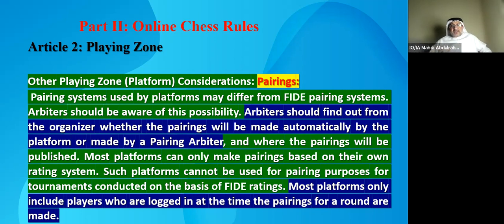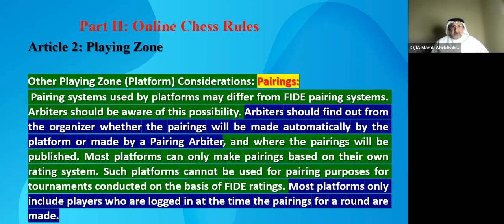But some events like the Asian Chess Federation are not using platform pairing. So we have Swiss Manager, then we transfer. But Tornado pairing is similar to the Swiss Manager pairing. So for that, we always use Tornado.